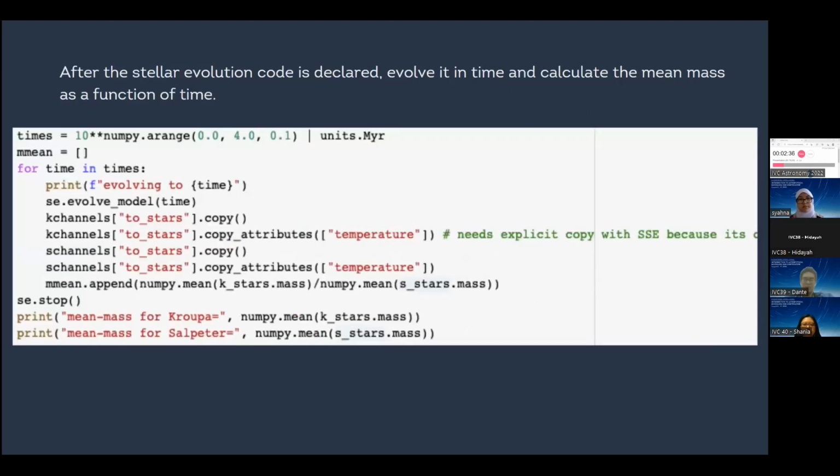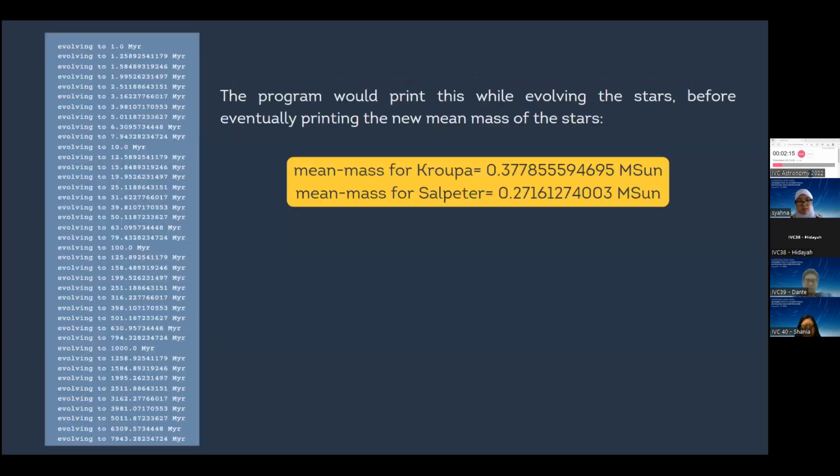Okay, after the evolution code is declared, we evolve it in time, and then we calculate the mean mass as a function of time. This is the code that we need. So next. Okay, this is the answer, the evolution time that we get from the calculation.